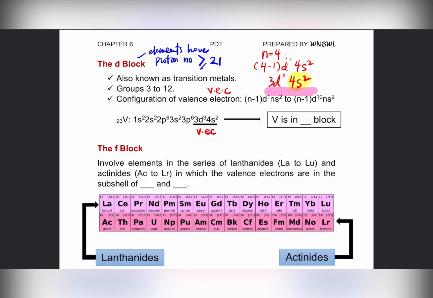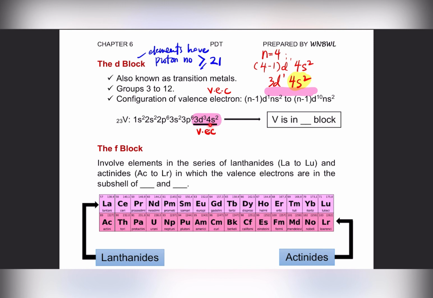So, VEC yang saya highlight sebagai warna pink ini akan digunakan number of electrons dalam orbital warna pink yang saya highlight untuk tentukan dia punya group, dia punya block, dia punya period. So, as you see here, kalau saya nak tahu dia punya block, so block dia adalah based on VEC 3d3 4s2.